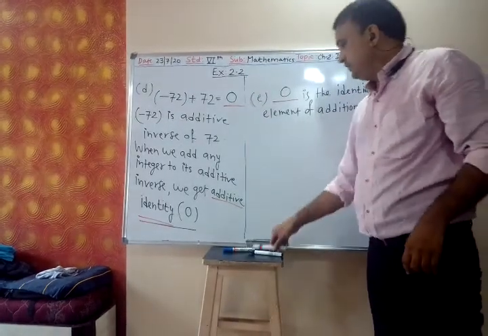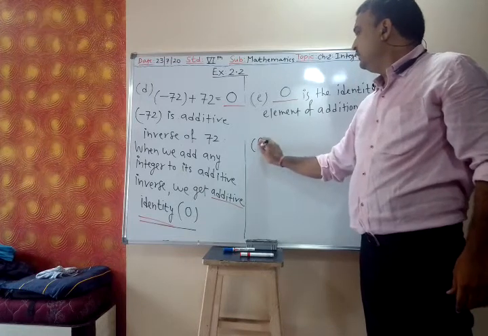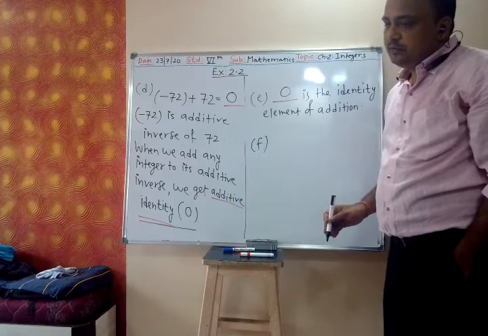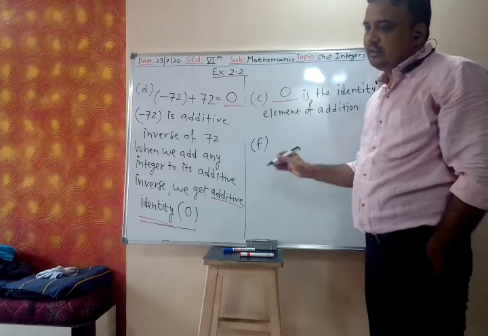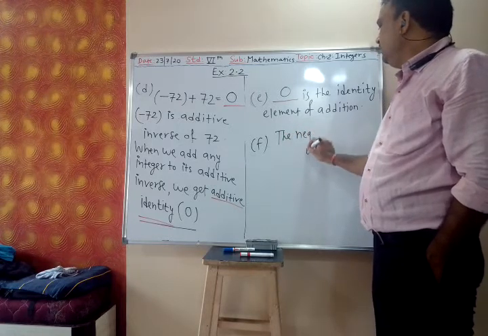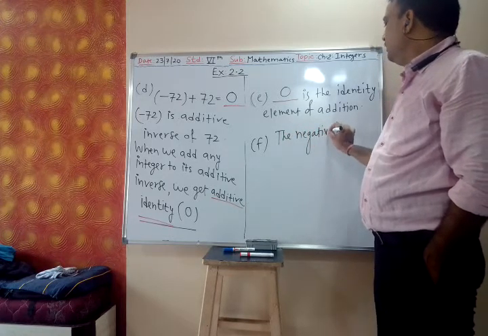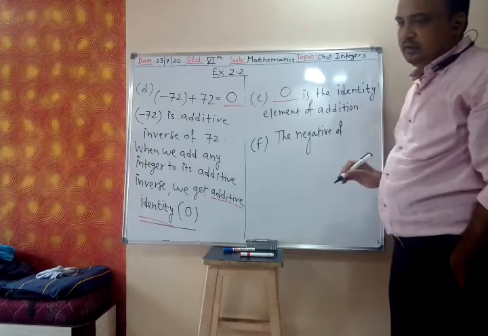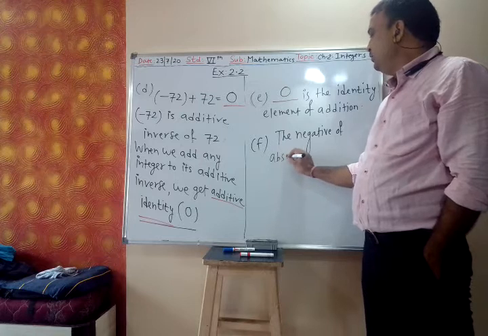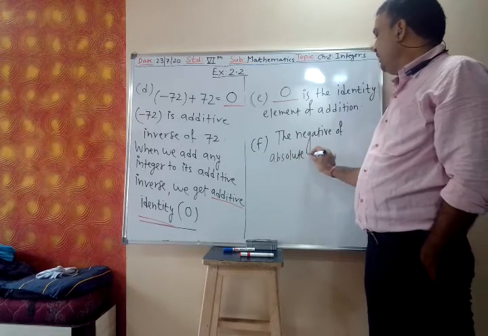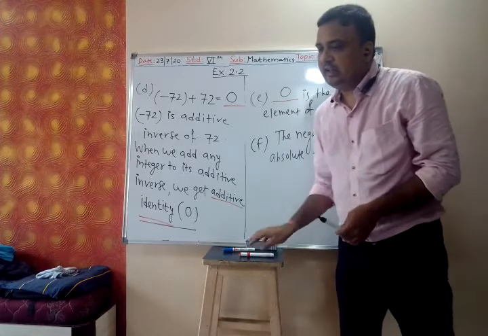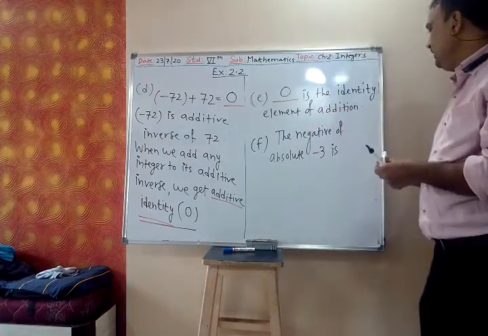Now F part. The negative of absolute value of minus 3 is dash.